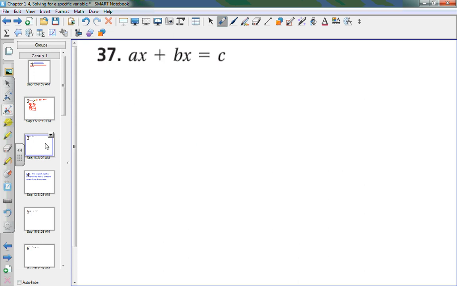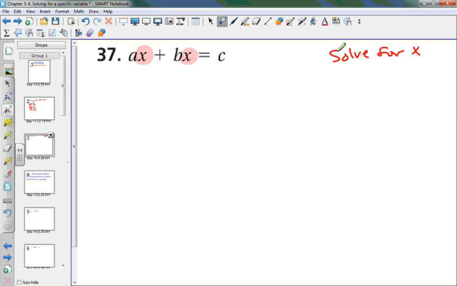37. 37 in your textbook says to solve for x. Now, the difference between this one and the last example was I have 2 x's here. Since I have 2 x's, what we need to do is combine the like terms.